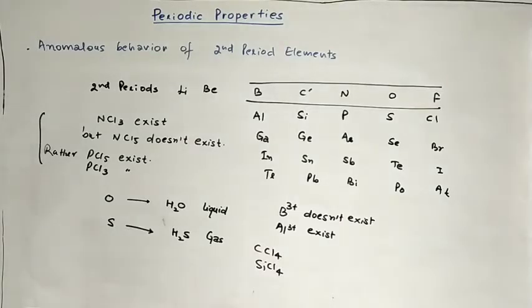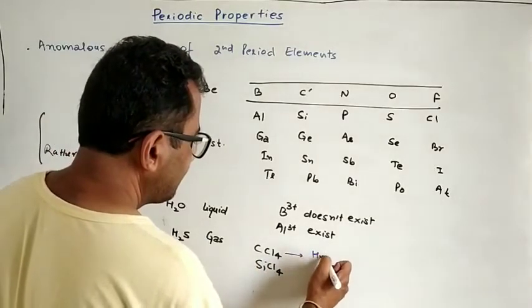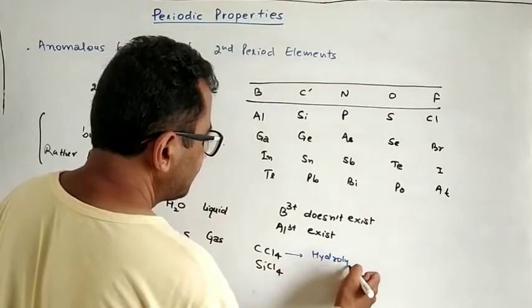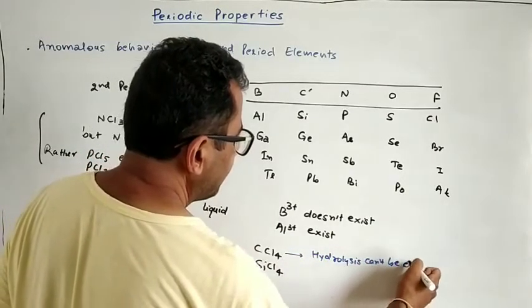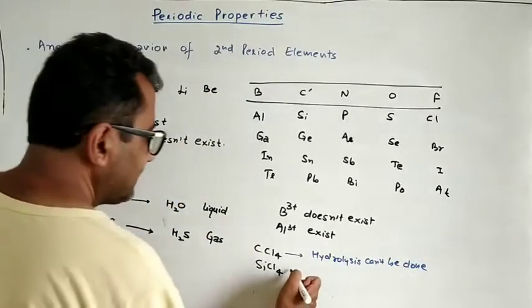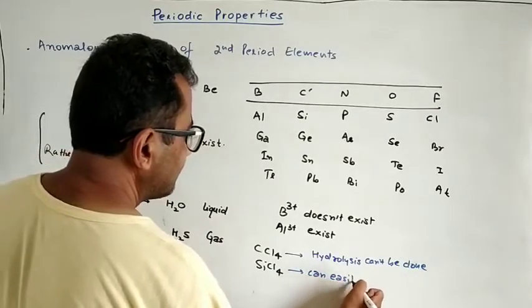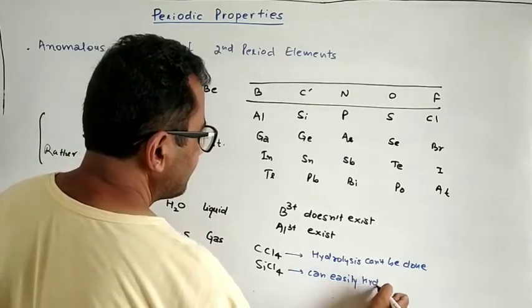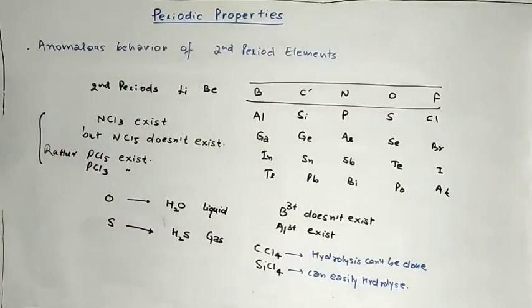Both are covalent. CCl4 cannot be hydrolyzed, but SiCl4 can easily hydrolyze. That's different.